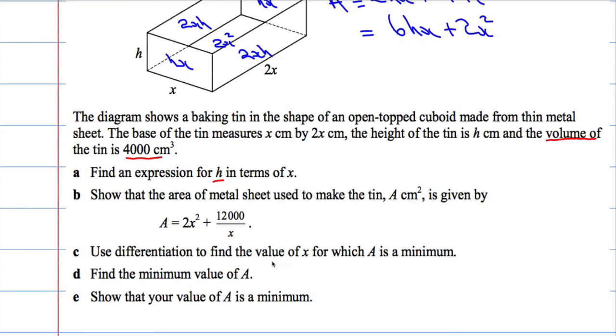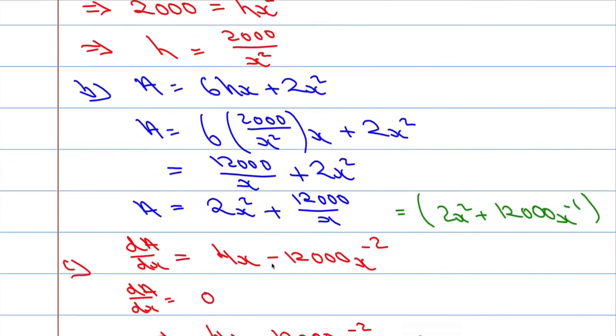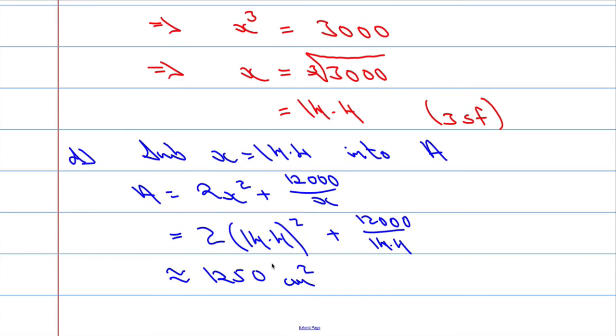Okay, and then the final part is to show that your value of A is a minimum. So to prove that it's a minimum, I've got to take the second derivative. So we're going to want to take d squared A dx squared.